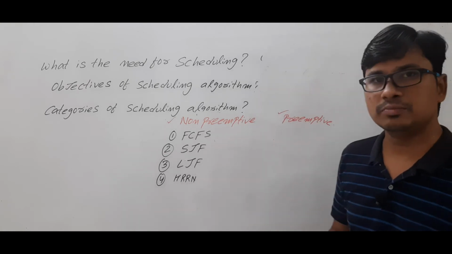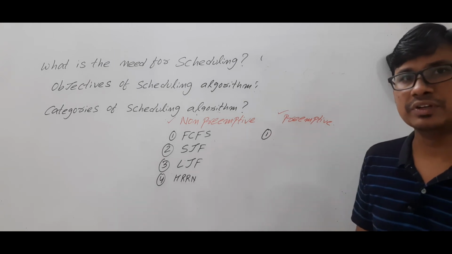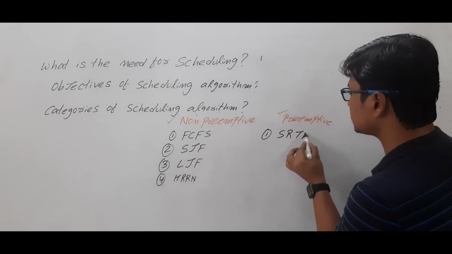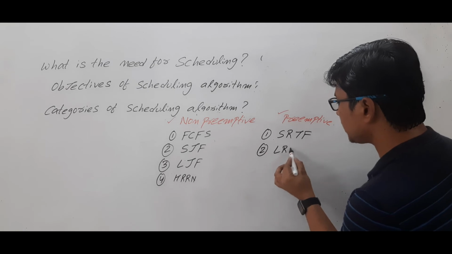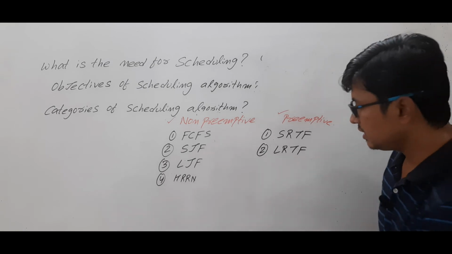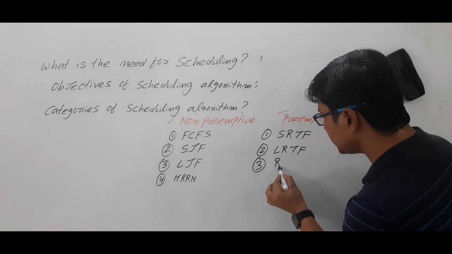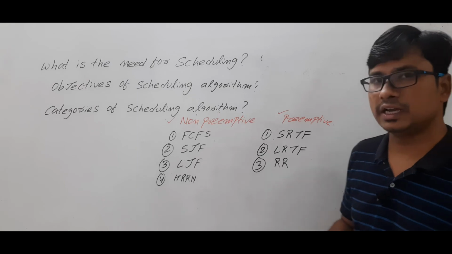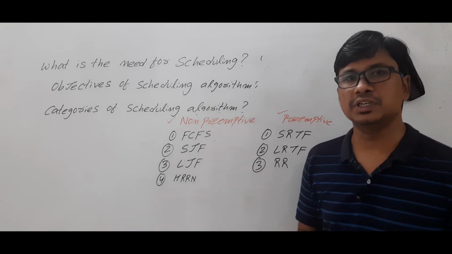These are the examples for non-preemptive scheduling algorithms. Then the examples for preemptive scheduling algorithms are the shortest remaining time first scheduling algorithm, similarly the longest remaining time first scheduling algorithm, and then you have the round robin scheduling algorithm. These are the examples for preemptive scheduling algorithms.